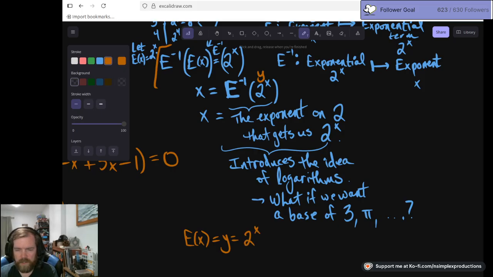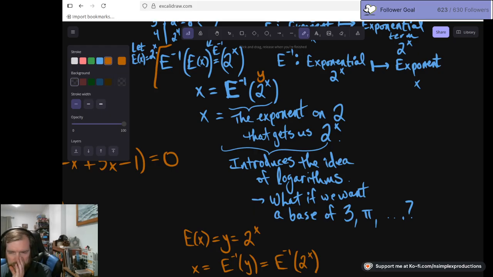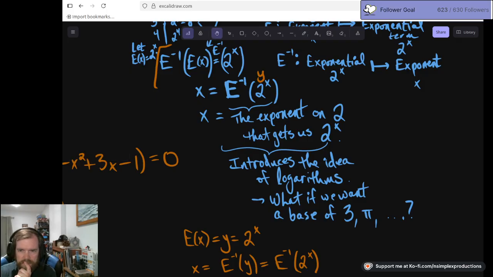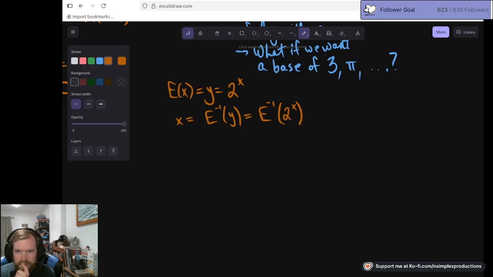Then we're doing e inverse of x equals e inverse of y is e inverse of 2 to the x. I think that's throwing me off because it's now an x just by itself. It's not usually how it works. Fun times.